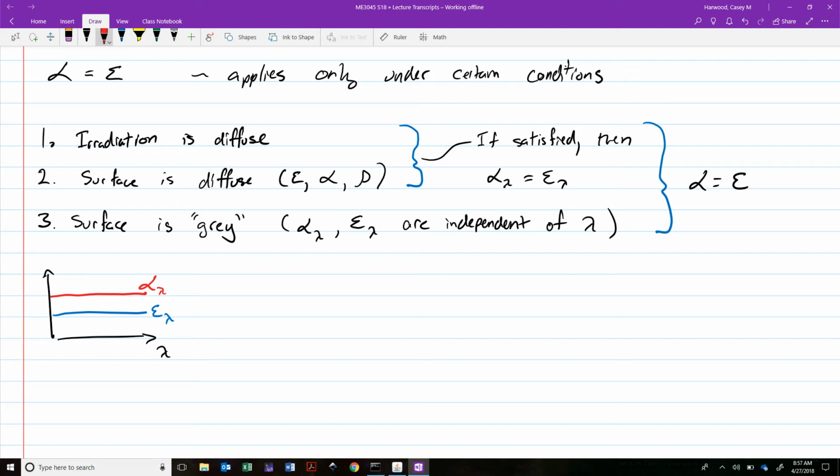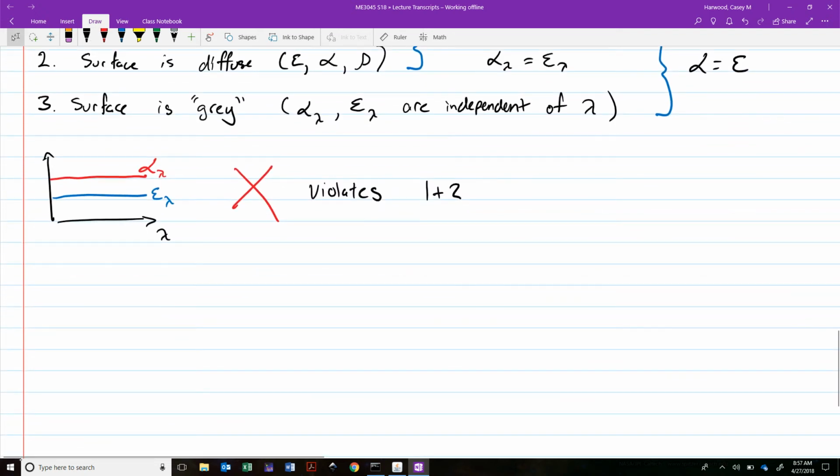So the idea is that it violates rules 1 and 2. What about this guy? Again, we'll assume that red is alpha and blue is epsilon.